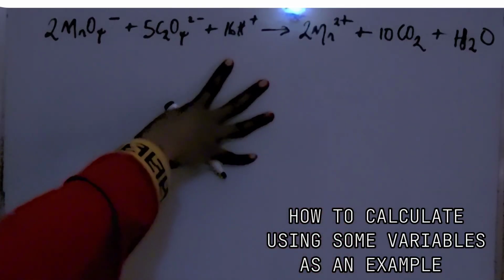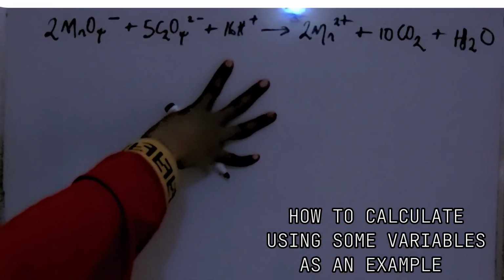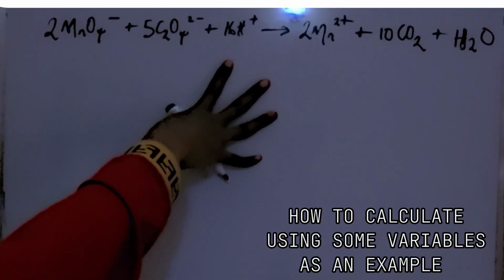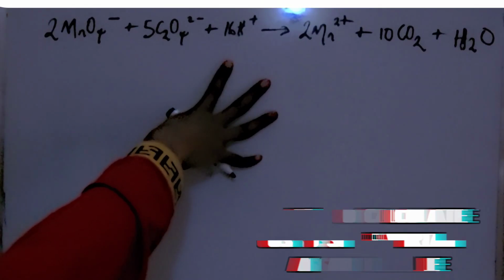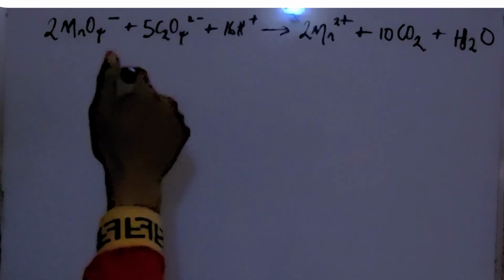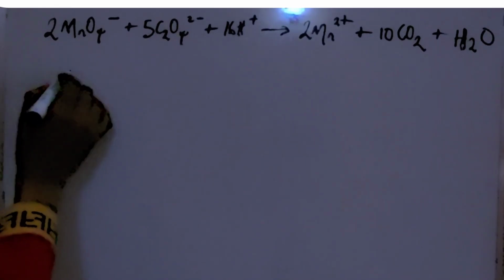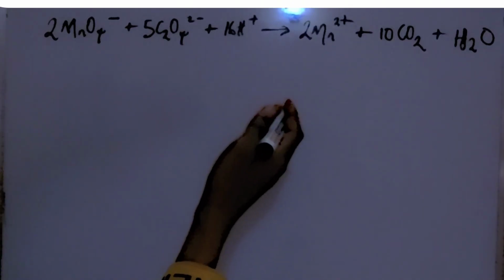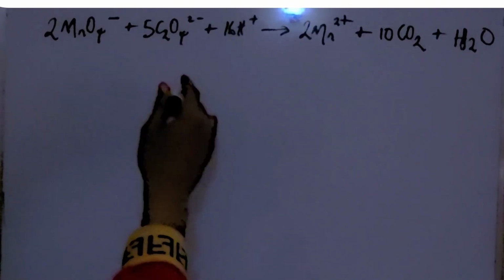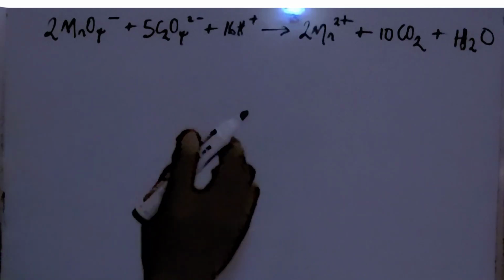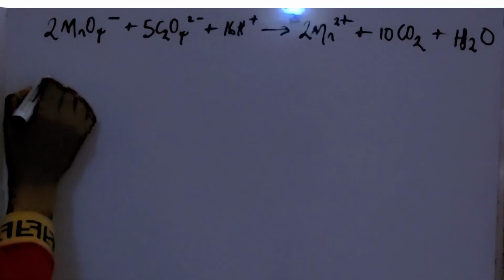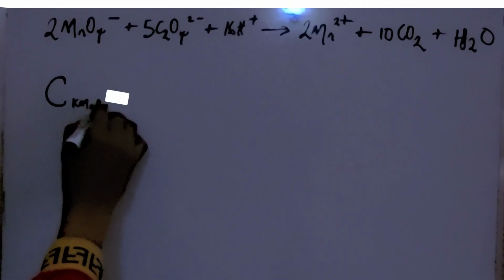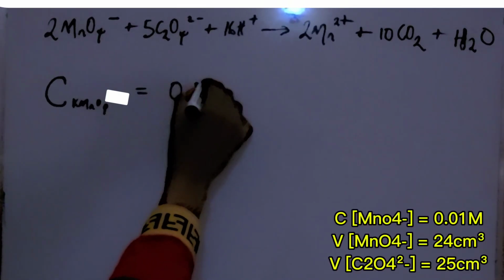Now from your data, I'm trying to devise some values to guide you in all your calculations. Let's say, for example, definitely we need the concentration, right? Because you are standardizing, the burette contains the potassium permanganate, which is of known concentration. Let's say the concentration of the potassium permanganate was given to be 0.01 molar.